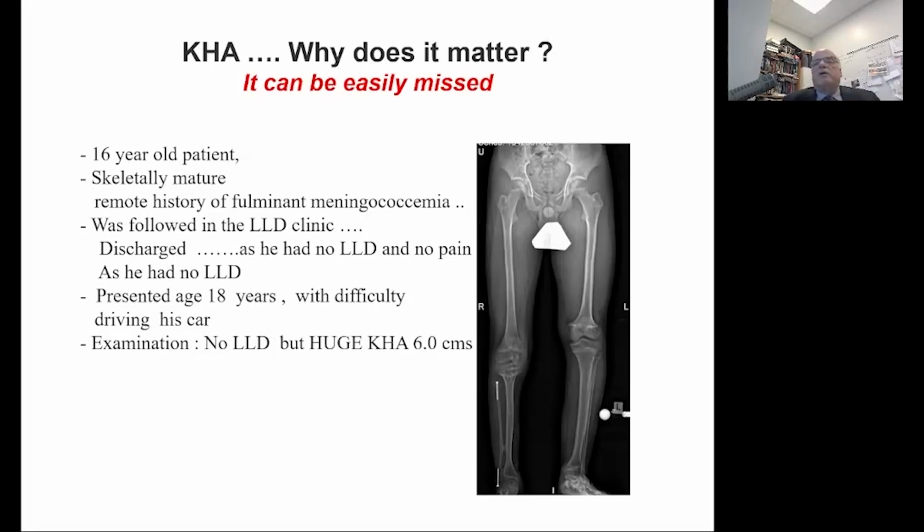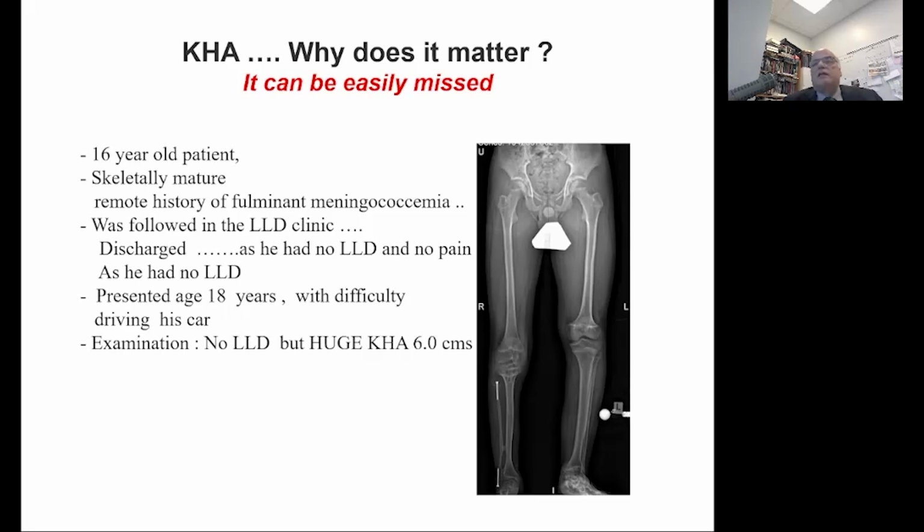The second thing, apart from being poorly documented, is that it can be very easily missed. And we have a typical example, and I'll come back to this example in a few minutes. A 16-year-old patient, skeletally mature, with a remote history of fulminant meningococcemia with multiple partial or total growth arrests. He was discharged from the LLD clinic because it was documented that he had no LLD and he had no pain.